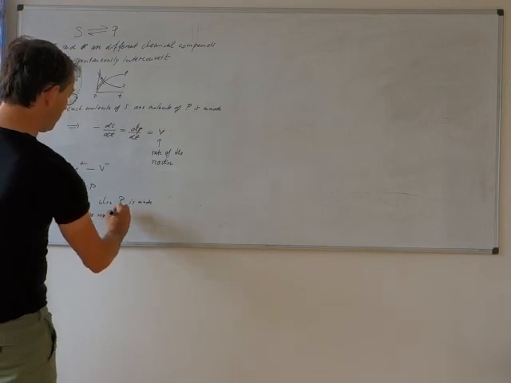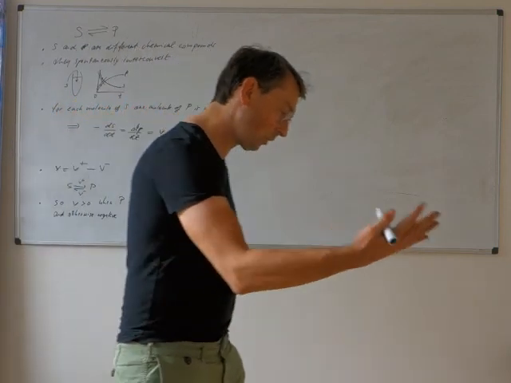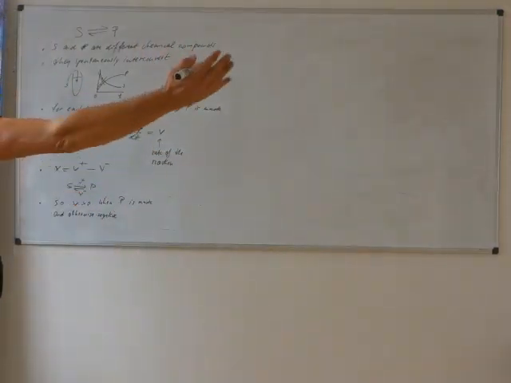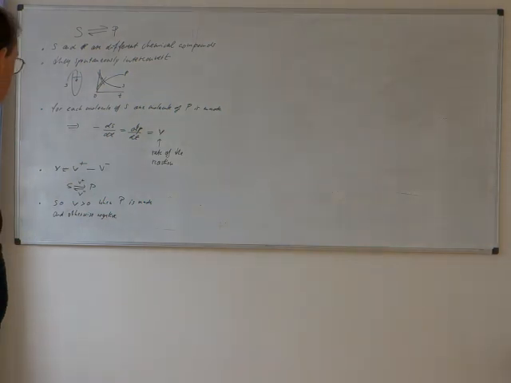Because if V plus exceeds V minus, then more molecules of P are made per unit time than you lose, so P has to be increasing.